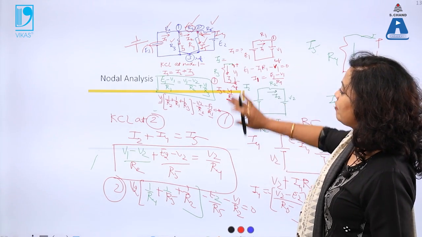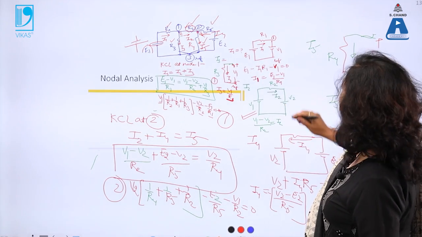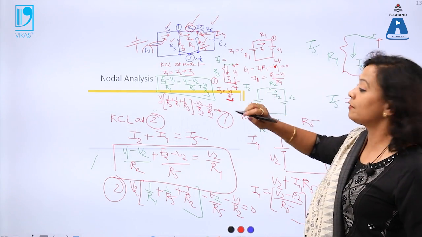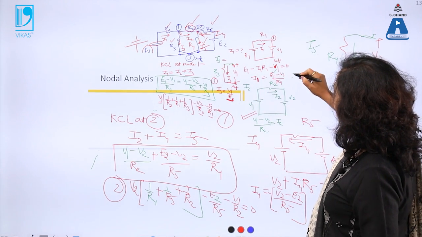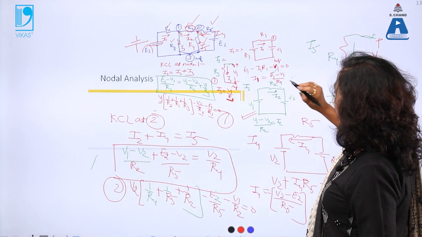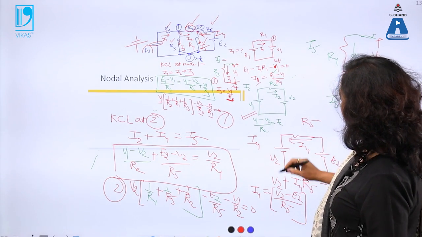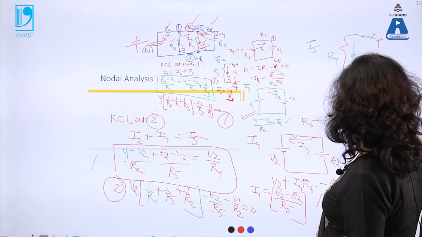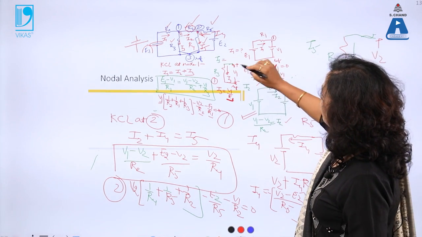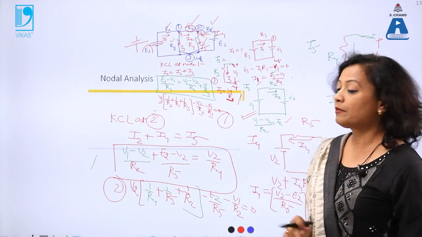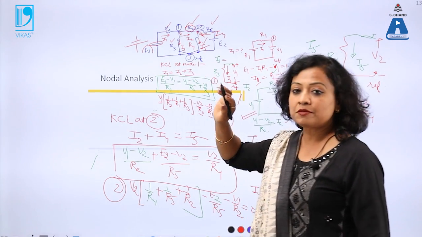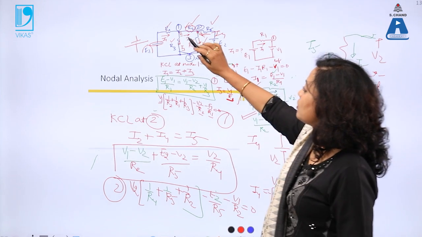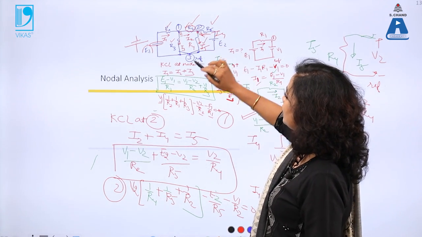After finding out V1 and V2, I can find any of the currents. I have E1 given, you have obtained V1, R1 is given, I can find out I1. Similarly, I can find out I2, I4, I5, every variable using these two unknowns which I assumed at two nodes, that is V1 and V2 with respect to reference.